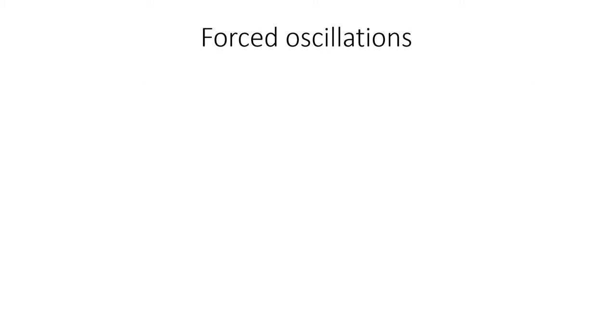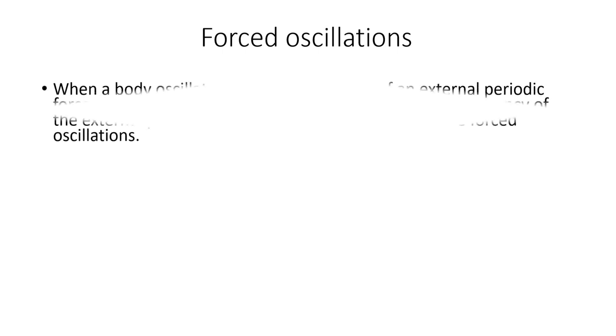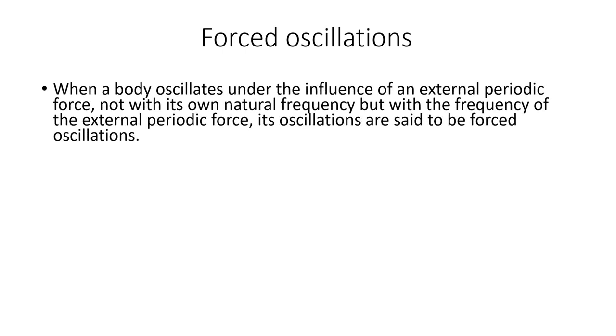Now we will discuss forced oscillations. From the term itself you might have got an idea of what is meant by forced oscillations. When a body oscillates under the influence of an external periodic force, not with its own natural frequency, but with the frequency of the external periodic force, its oscillations are said to be forced oscillations.